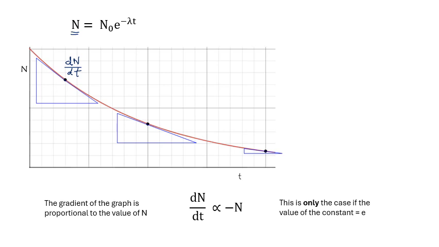Yes? The gradient of the graph is proportional to the value of N. That is actually the definition of your exponential decay, when the rate of change of something is proportional to its magnitude. How quickly the value of N is going down at any point is proportional to the value of N at that point in time. And that only works for a certain value of the constant, and that's little e.